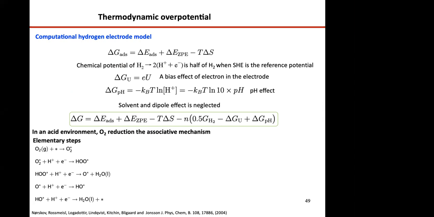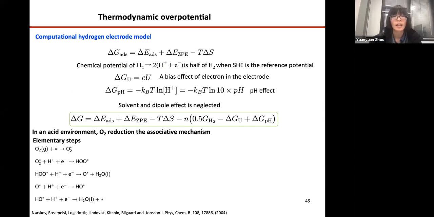And this is the computational hydrogen electrode. If you are already familiar with ab initio atomic thermodynamics, in the electrochemical field we are no longer involved with hydrogen gas, but with the proton, the electron, and the electric potential. For this CHE model, it assumes that the chemical potential of these two is half of the chemical potential of gas hydrogen, plus two corrections.